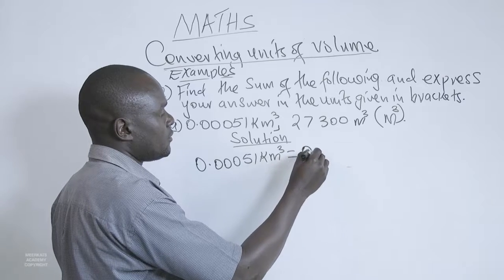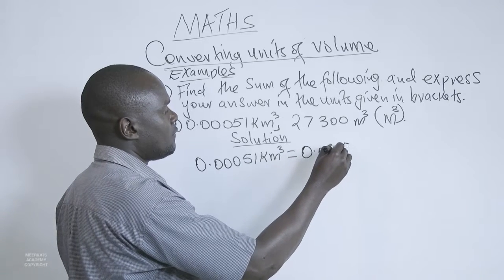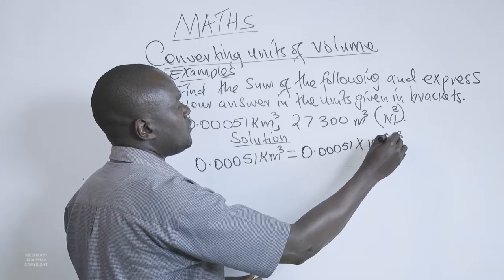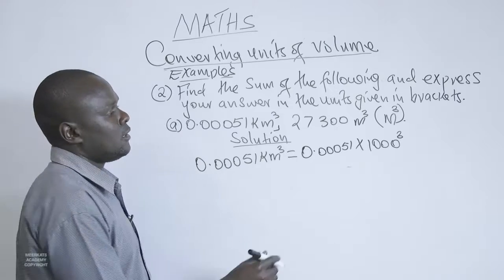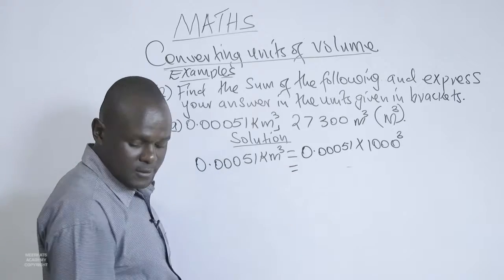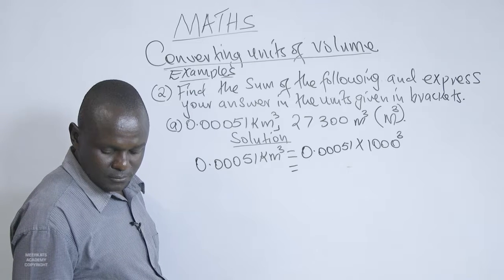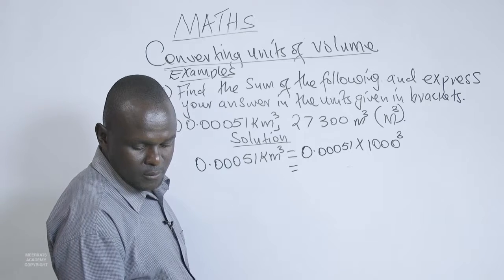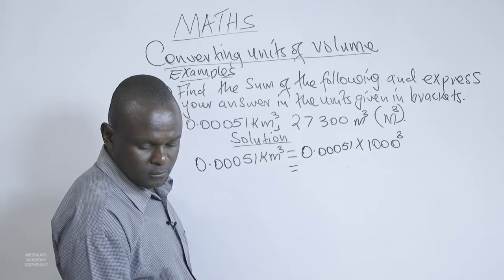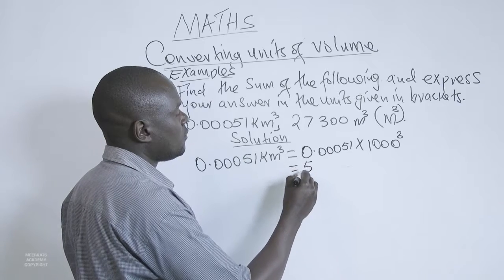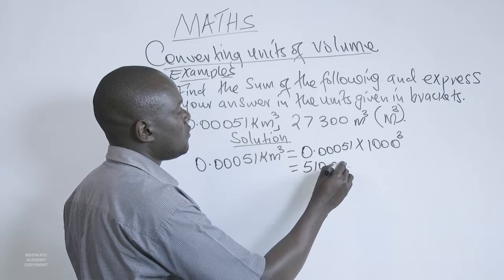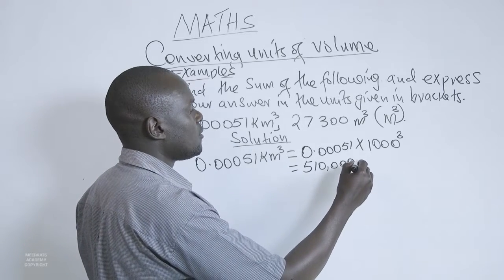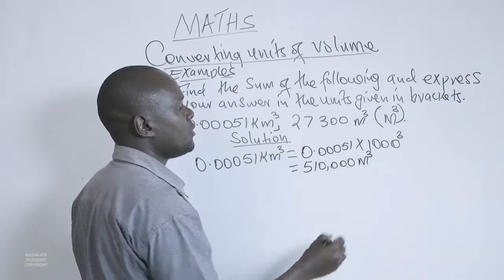This is 0.00051 multiplied by 1,000 raised to power 3 or a billion, and this will give us 510,000 cubic meters.